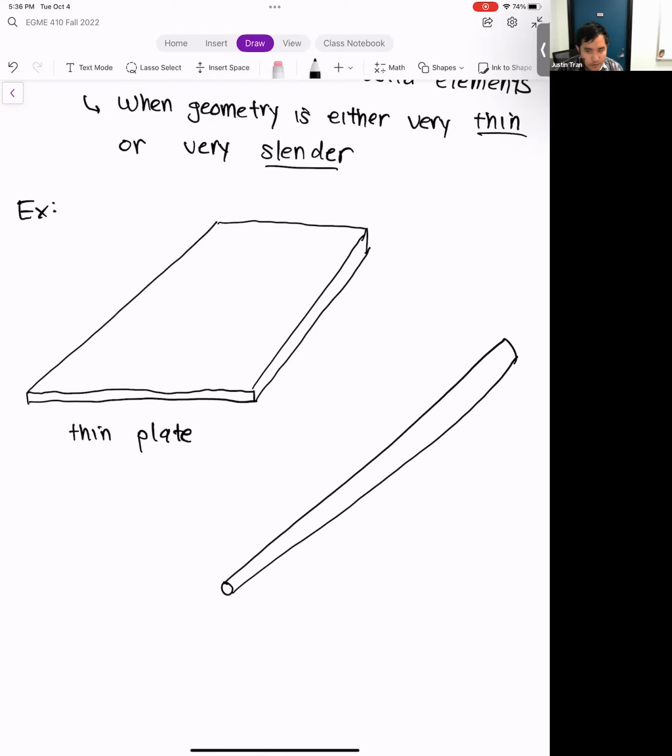Another example could be a very, very slender element. It's not uncommon to see a structure made up of thin rods, and those rods or beams are very slender.